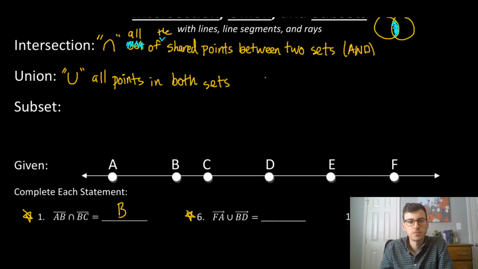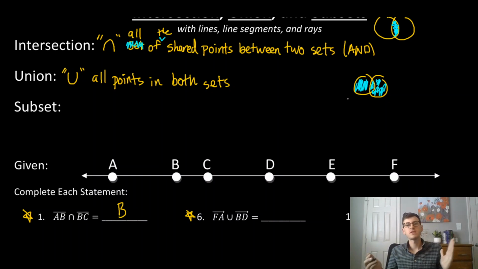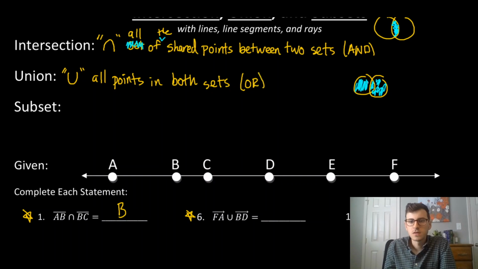So for example, again, if we were to draw a Venn diagram, the union would be everything in the first circle and everything in the second circle and everything that they share. The union is all of the points in both of the sets. So we would say that is like or. Because if a point is over here, well, it's either in this circle or it's in this circle, so it's in the union.